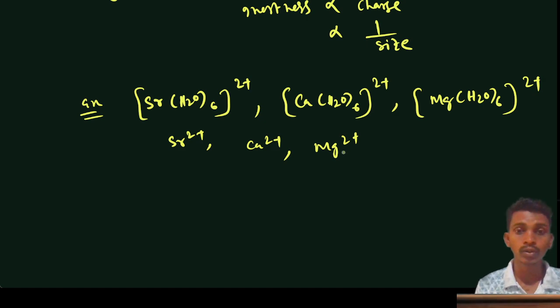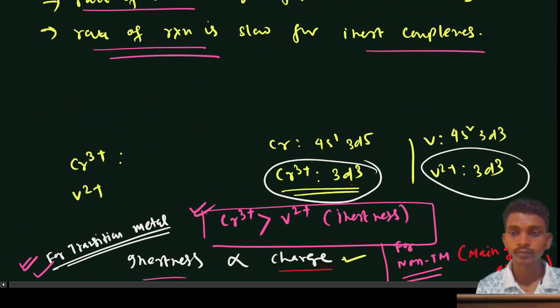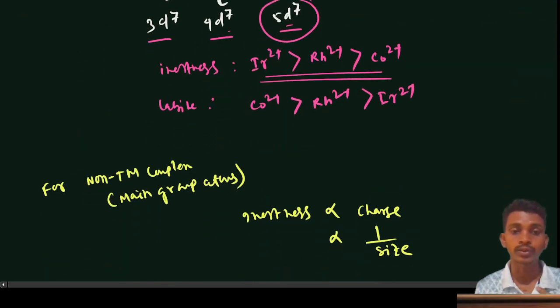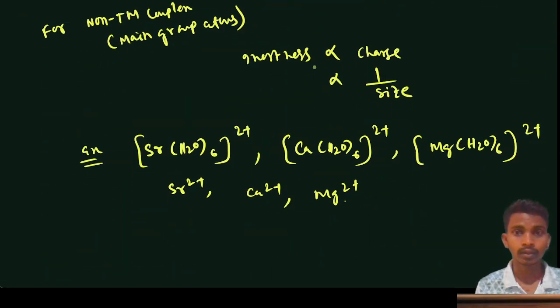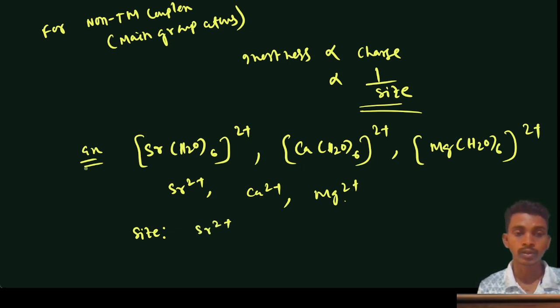In this case we will look at size. Inertness is indirectly proportional to the size. So if I look at size, then the size will be highest for calcium 2 plus, because down the group size increases.